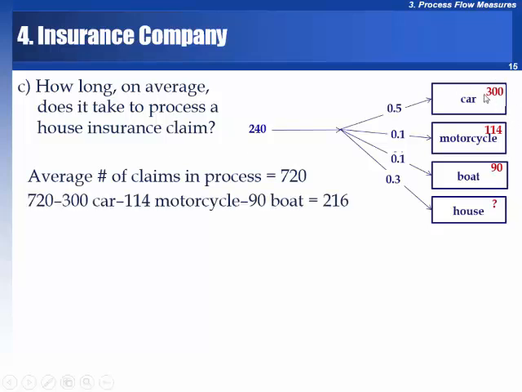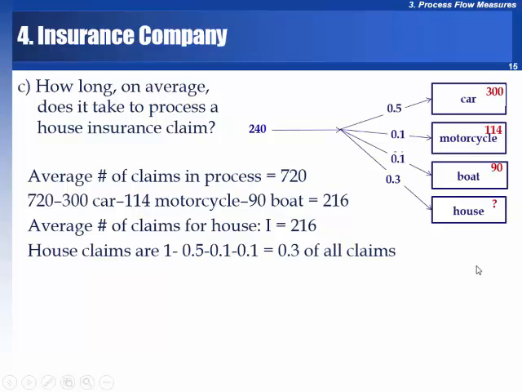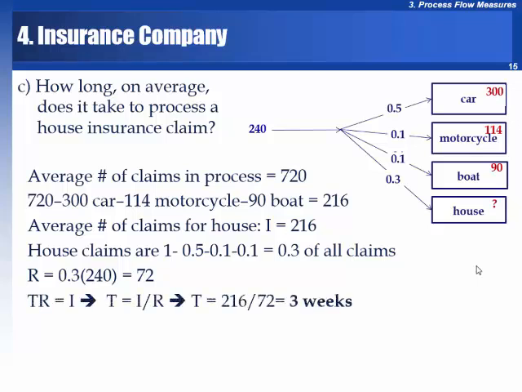If I subtract 300, 114 and 90 from 720, the rest is 216. Therefore, inventory in house insurance is 216 and throughput is 30% of 240. 30% of 240 is 72 and inventory is 216.